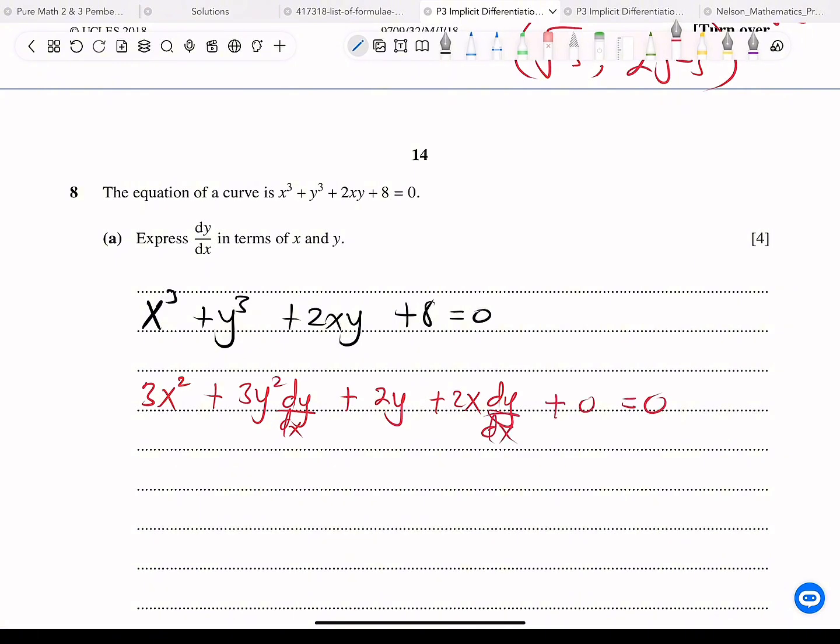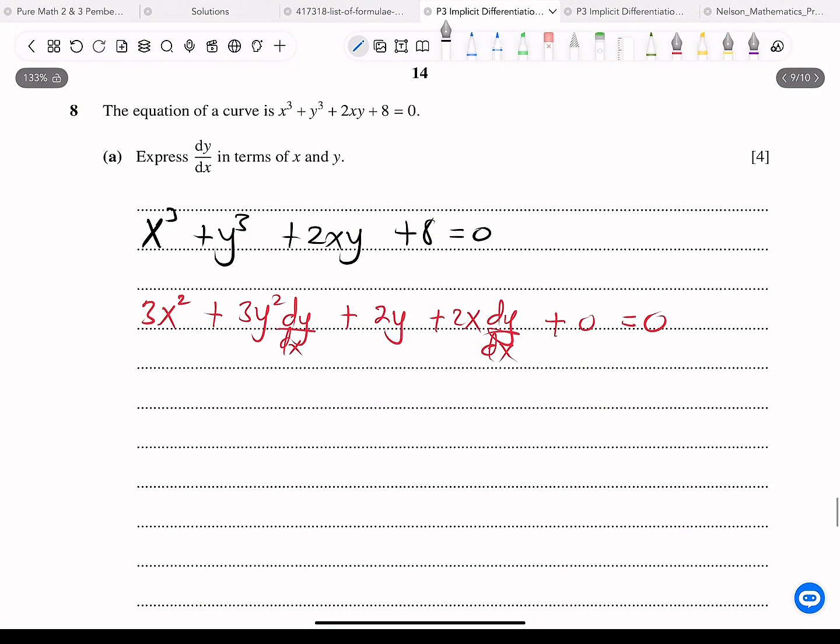Okay, so this is what I did. I differentiated this, that gives me this. I differentiated that one, and I get this. This is product rule because you have x and y. So I differentiated the x, leaving me with 2y. Now I kept the 2x, differentiated the y. Differentiate 8, you get 0. So that's it. And now I would have 3y squared plus 2x dy/dx.